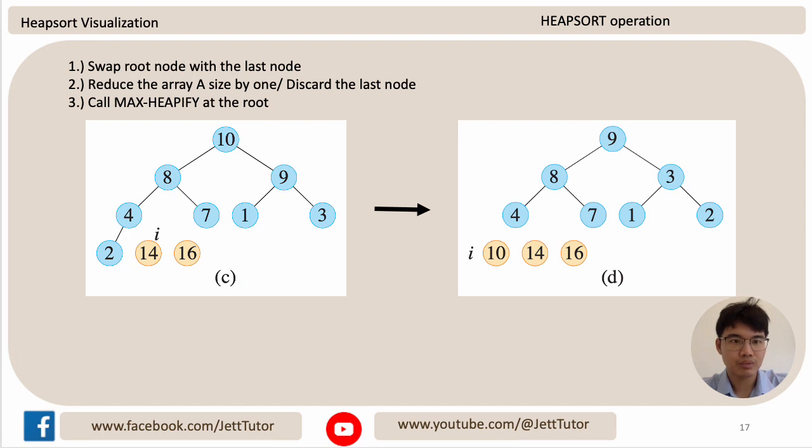Then we first swap the root node value with the last node. So 2, and then 2 becomes 10. And then we call max heapify at the root, and then the result is on the right.